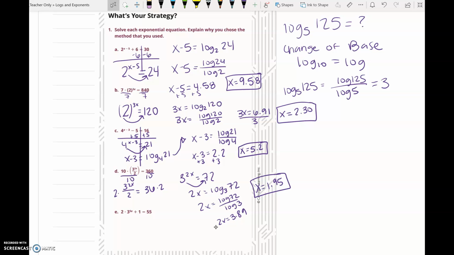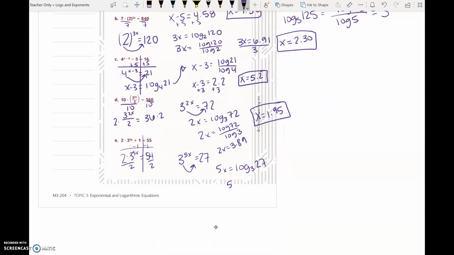Follow your order of operations, right? Since this has multiplication and addition around it, I'm going to subtract first. Divide by 2. 54 divided by 2 is 27. Turn it into a log. Log base 3 of 27.